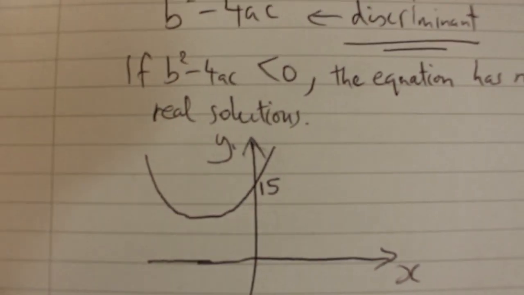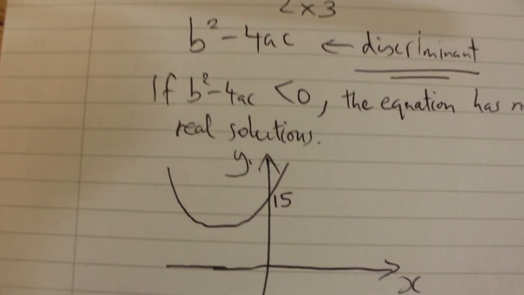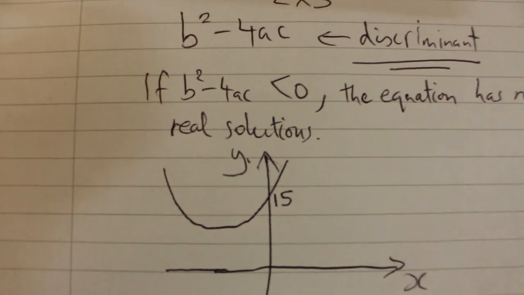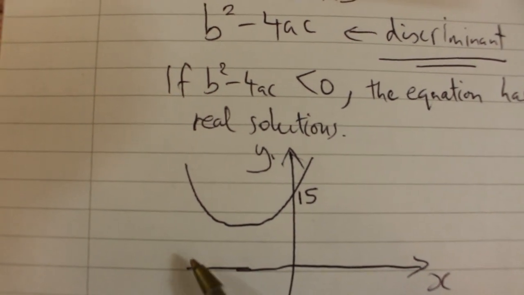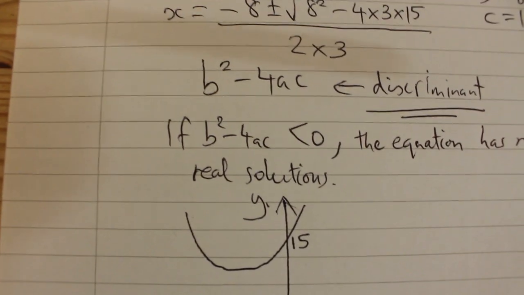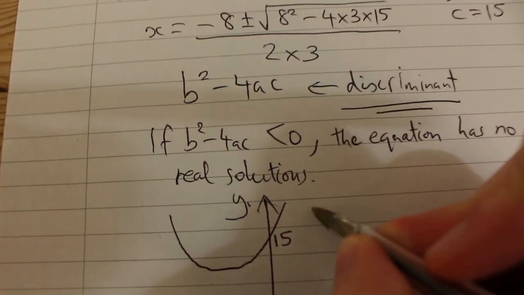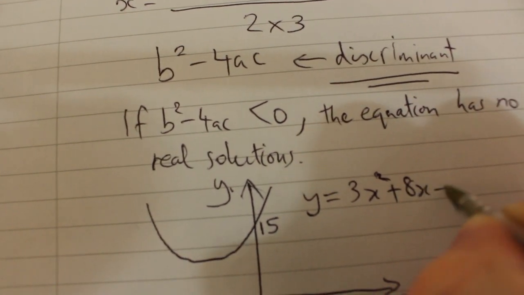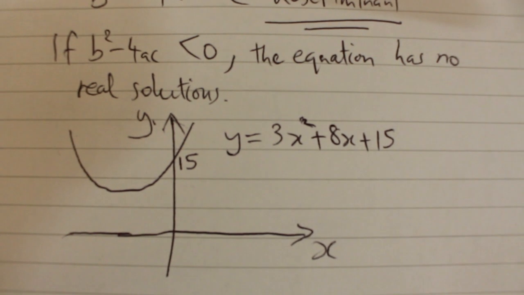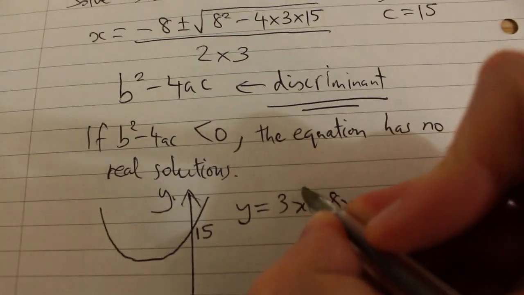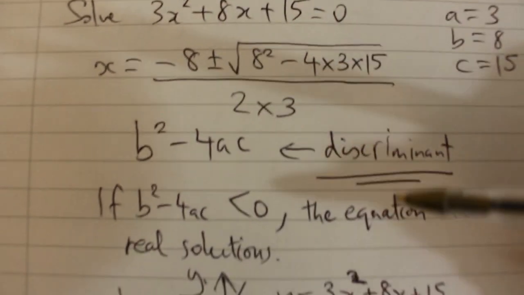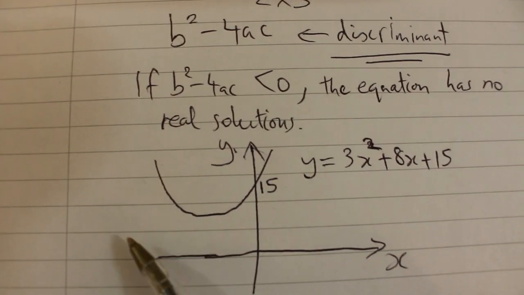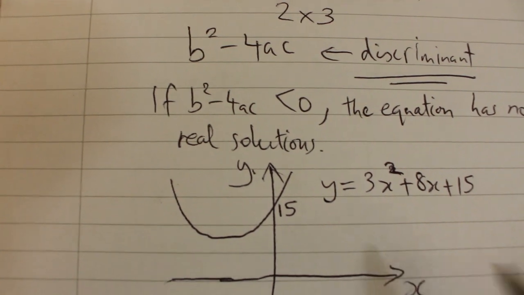So what happens? It doesn't cross the x-axis anywhere. Never crosses the x-axis. Normally, on a graph, the places where it crosses the x-axis are the places where y is 0. So this is the graph, y equals 3x squared plus 8x plus 15. Because this y value can never be 0, this has no solutions, it doesn't cross the x-axis.